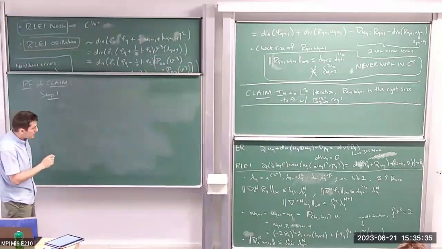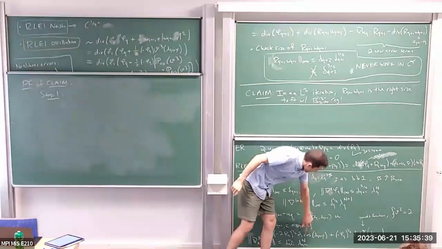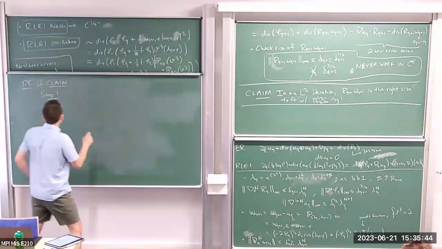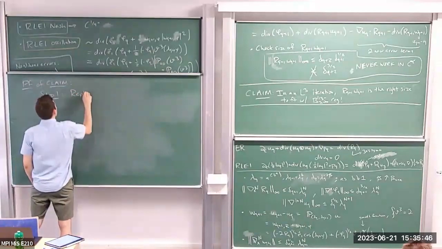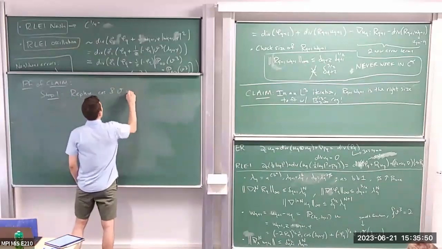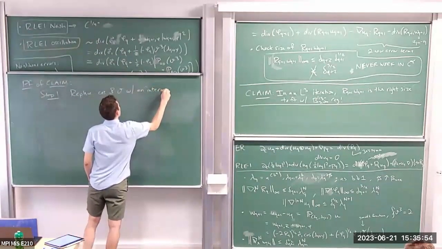And the first thing that changes is that I get rid of the cosine and whatever this thing is, and I replace them with something which is intermittent. Replace cosine bar theta with an intermittent shear.